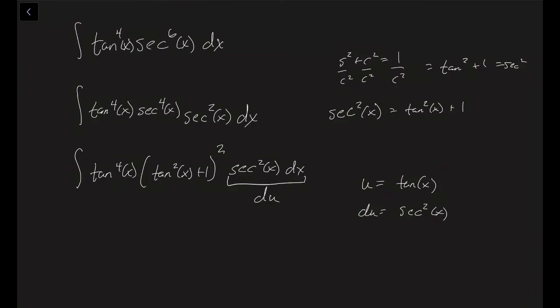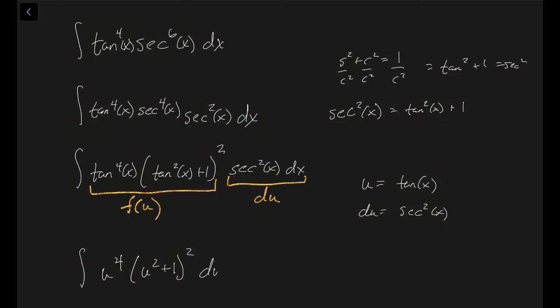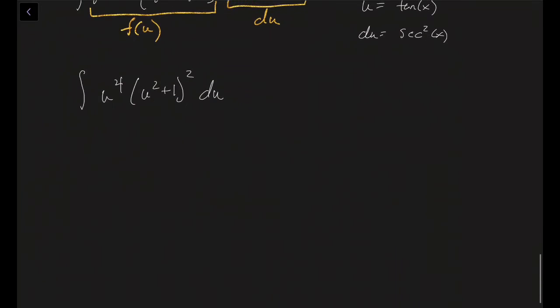This is du, and let's color that gold. And then our other part is going to be some function of u. And so when we do that, it's going to be u to the fourth times u squared plus 1 squared du.